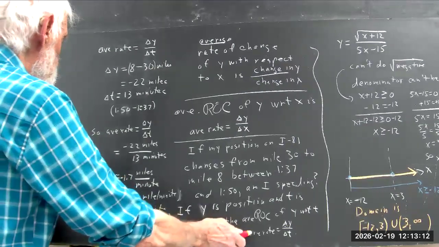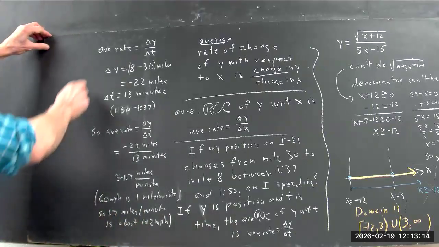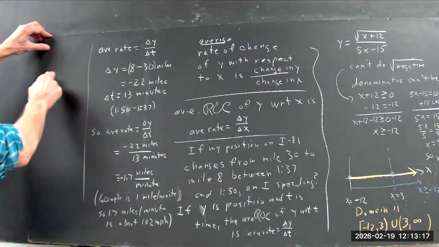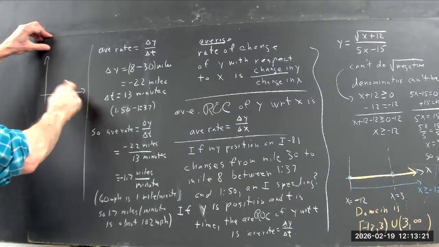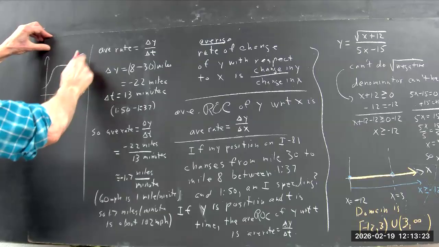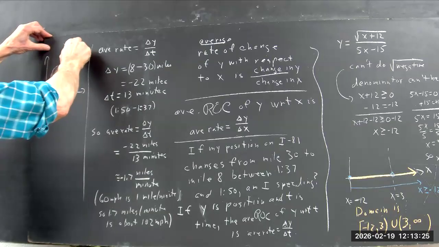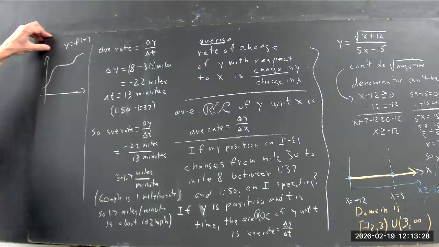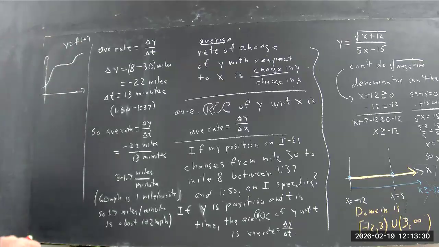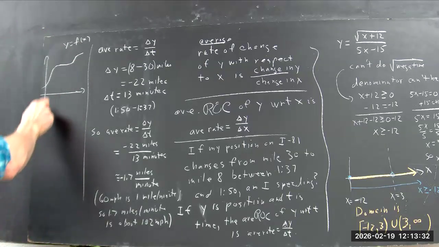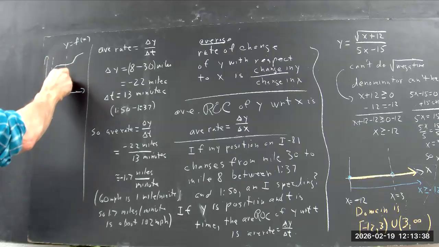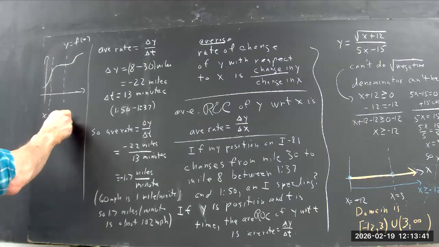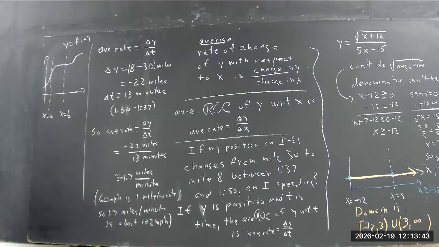Now, on a graph of y equals f of x, let's just say you've got x equals a here, and x equals b here.